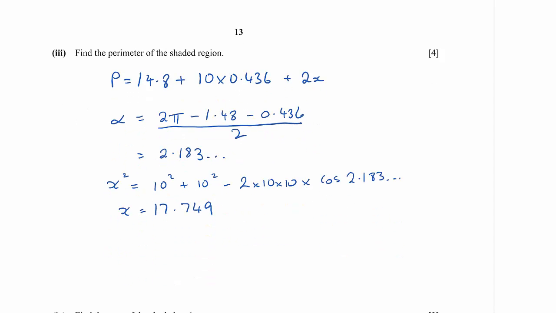And so going back to the perimeter, we've got 14.8, add 4.36, add 2 lots of the 17.749.